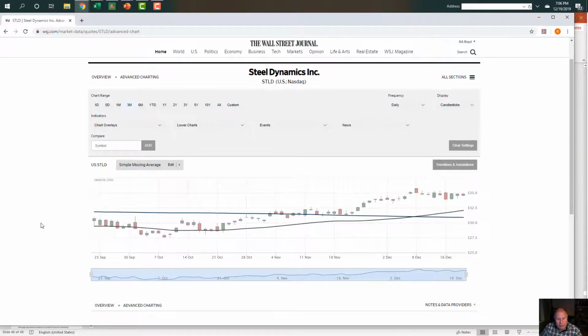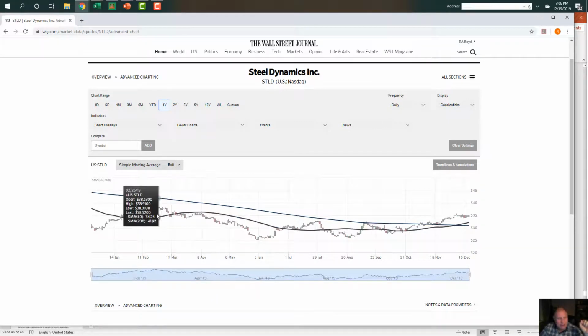So since September, it has been running below the 200-day moving average. And finally, here in December, we're seeing it go over the 50-day average. If we were to put it on, just say, a 1-year basis, this is easier to see: over the past year, the slope is downward.